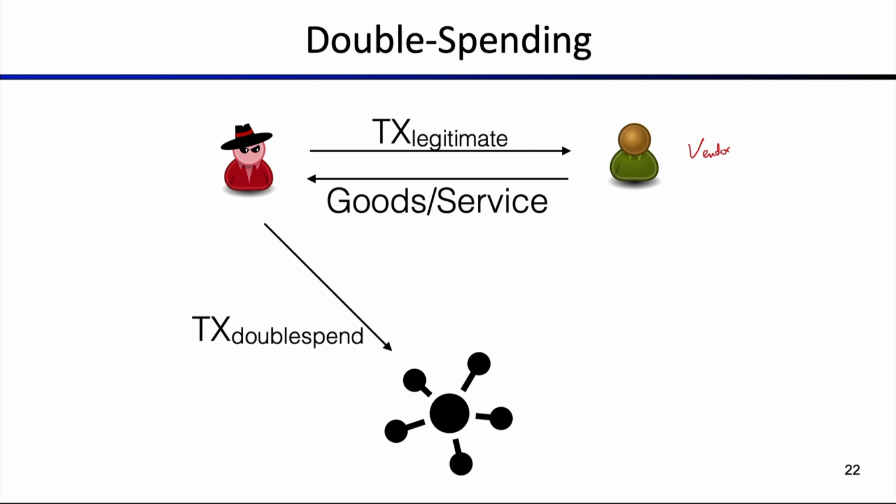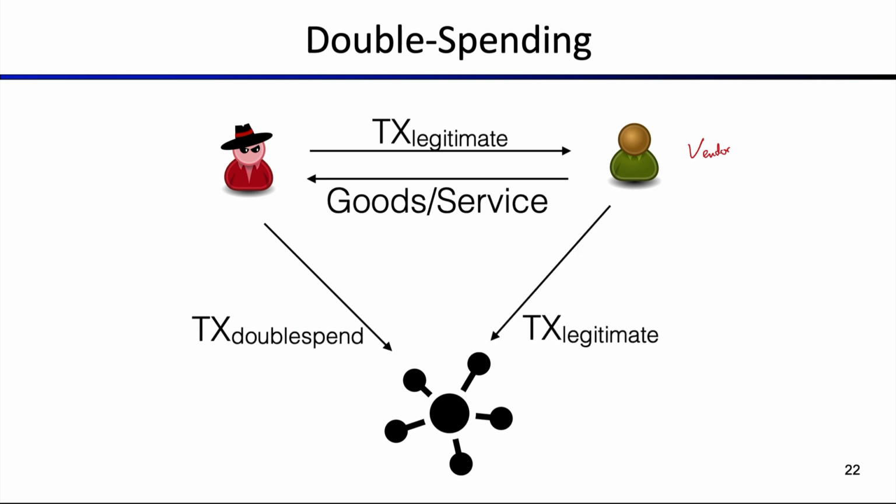If the vendor is accepting so-called zero confirmation transactions, so transactions that were not confirmed in a block, but just delivers the goods or services to the adversary upon the reception of the legitimate transaction, then the victim is susceptible to double spending attacks.